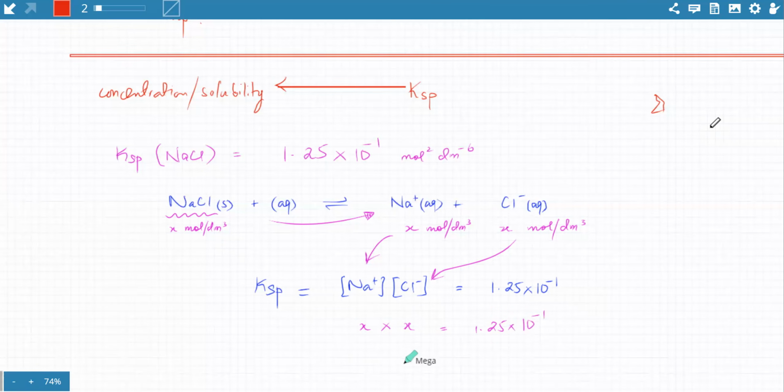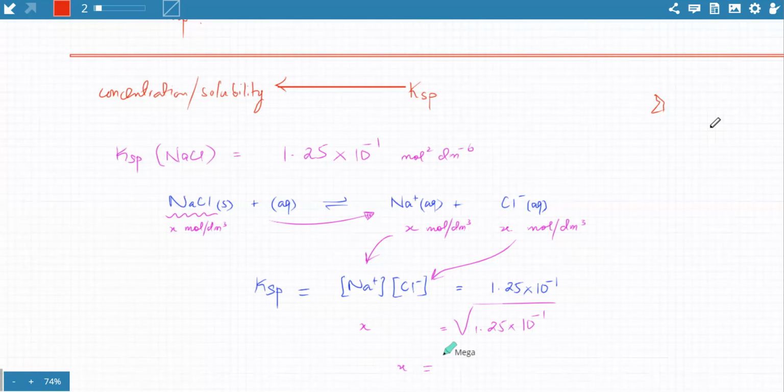So you can write this as x squared, and x can be found by taking the square root. So I'm going to try and do that now, and that's going to give me my value.